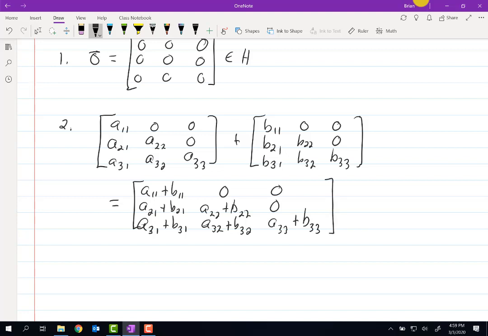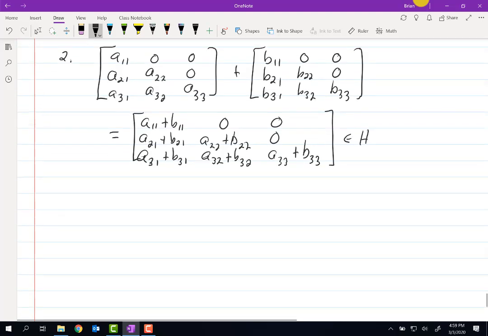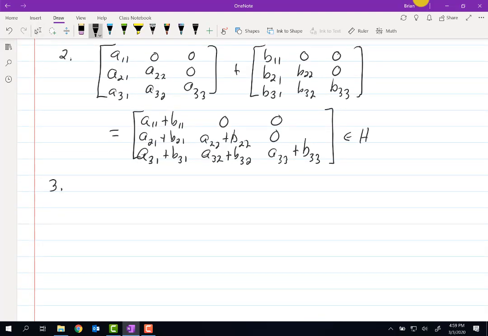So you can see that what I have here is still a lower triangular matrix, so that item is also in H. And then finally, you can probably see this without much ado. If I take c and I multiply it by a matrix, then you simply multiply c times each of the items in that matrix.